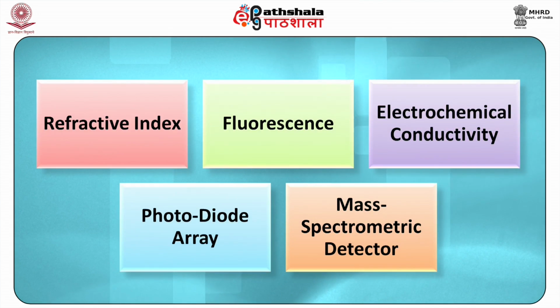This variable wavelength detector is adept at monitoring from 190 to 460 to 600 nanometers and hence is suitable for detection of samples. Other detectors in common use include refractive index, fluorescence, electrochemical conductivity, photodiode array and mass spectrometric detectors.